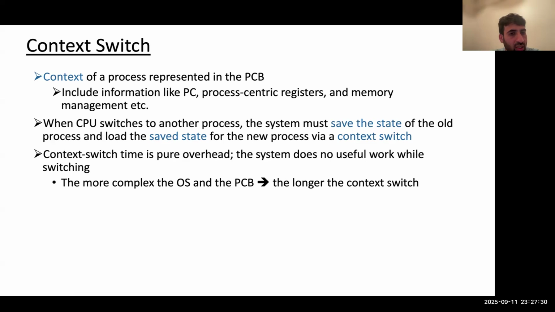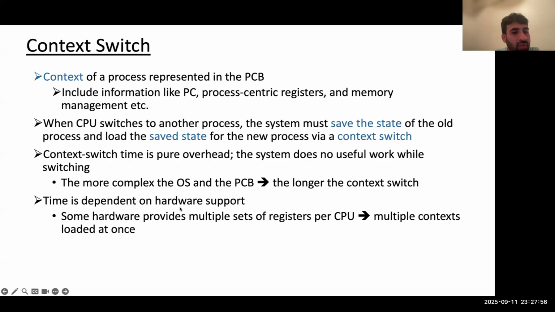multiple factors. For example, the more complex your OS and the PCB, the longer it will take for the context switch. The less information you are storing in the process control block, the less time it will take to save the information in the memory and restore it from the memory. The longer the size of the PCB, the longer the time it will take to do the context switch.